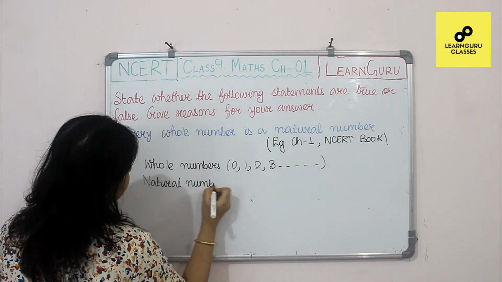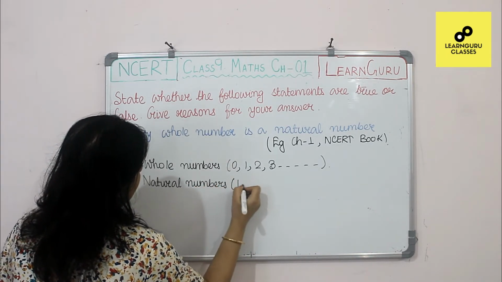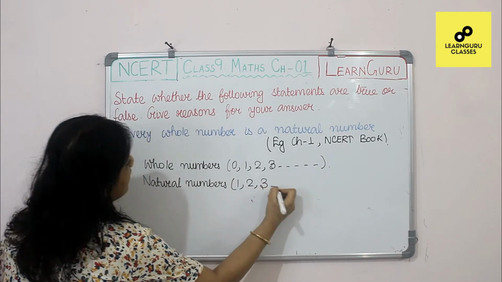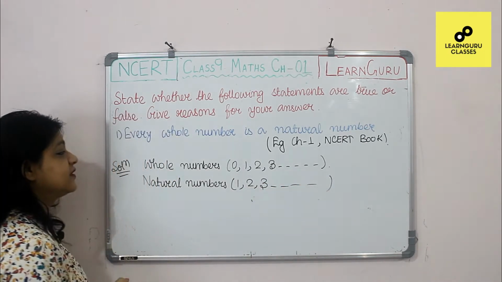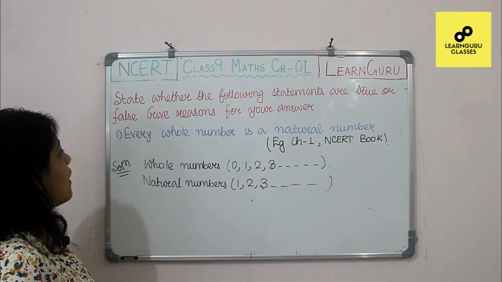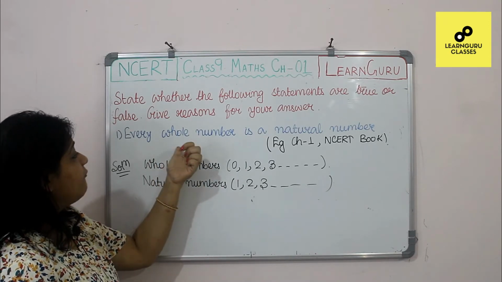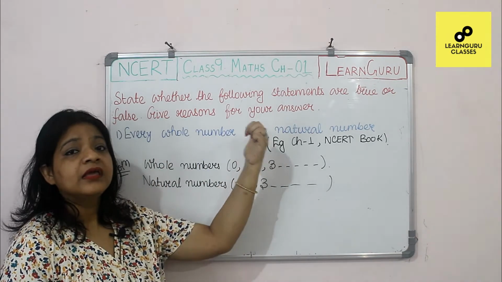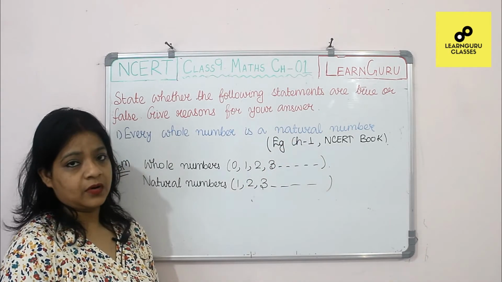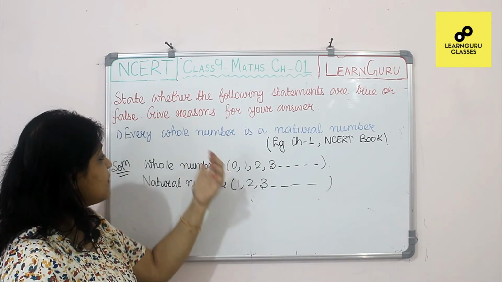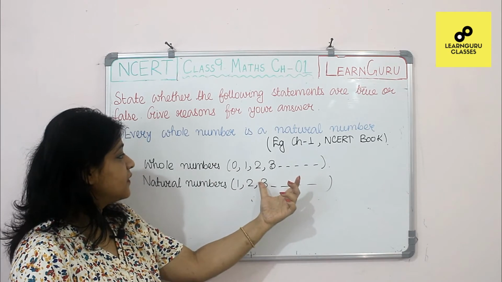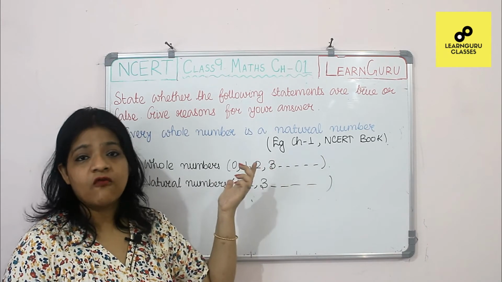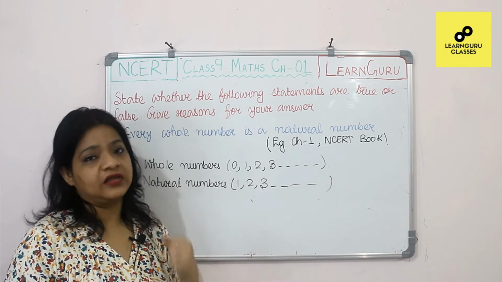The set of natural numbers are 1, 2, 3 and it continues till infinity. Now, what is given? Every whole number is a natural number. It means each and every number contained in the list of whole numbers should be a natural number.